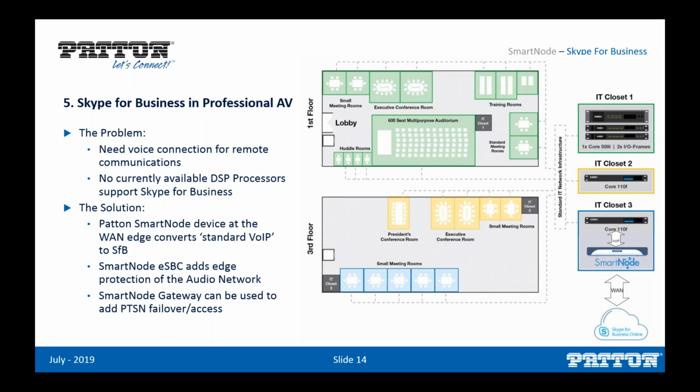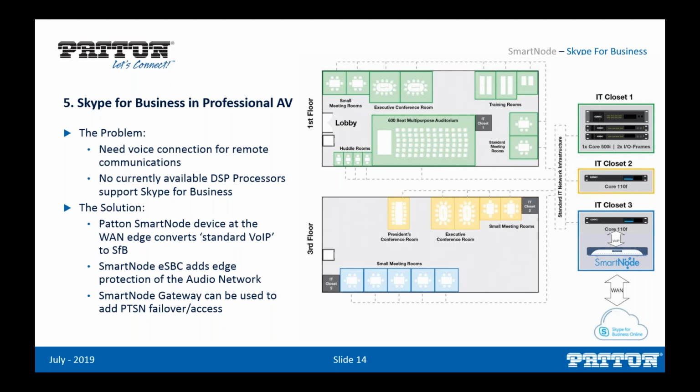And then lastly, SmartNode in this position at the WAN can also put a gateway in that position, and it can be used for PSTN failover, just additional value added to these networks. So that's sort of the overview.